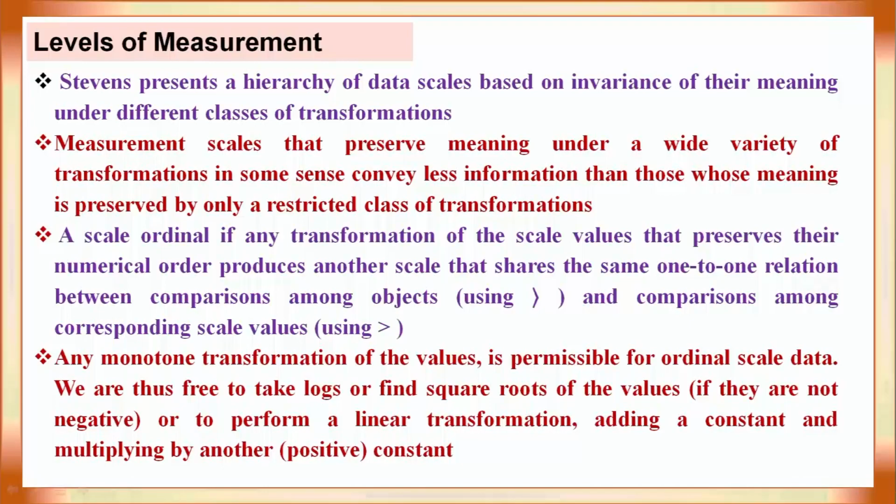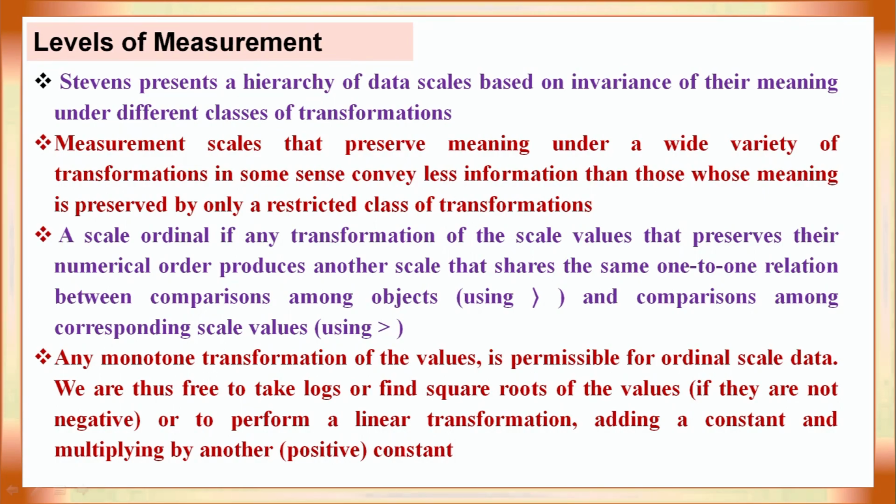Now, the ordinal level is the second level in the 4 levels of measurement. Whatever transformation we use should be such that it preserves the value. Ordinal level means you can order; it is the second quality of the number.